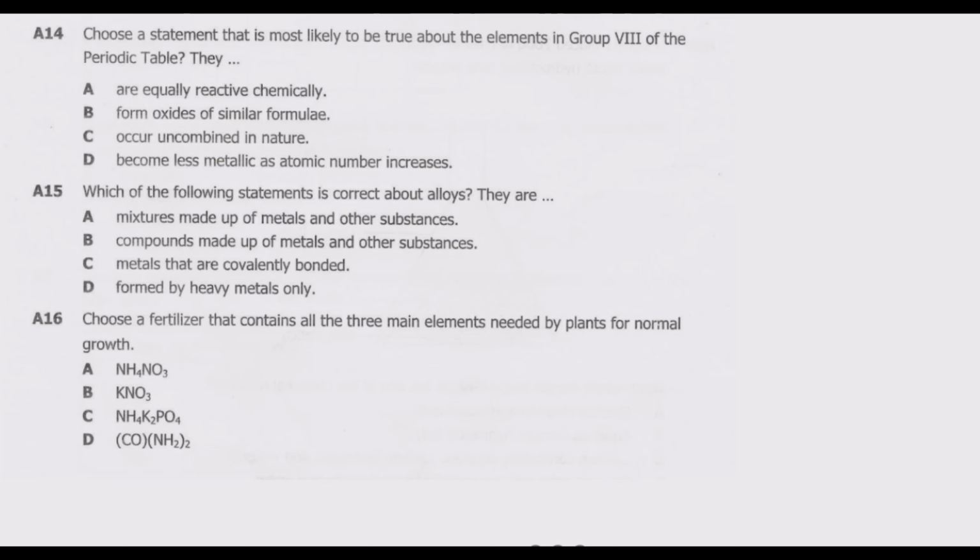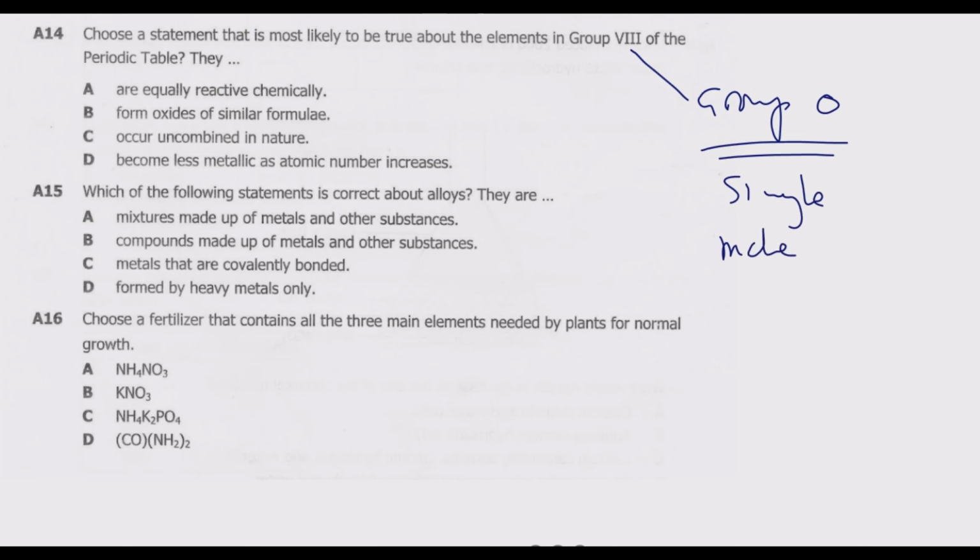Question 14. Choose a statement that is most likely to be true about the elements in group 8 of the periodic table. So these group 8 elements are also known as group 0 elements. These are single atoms. In their molecular formula, they exist as single atoms. Why?